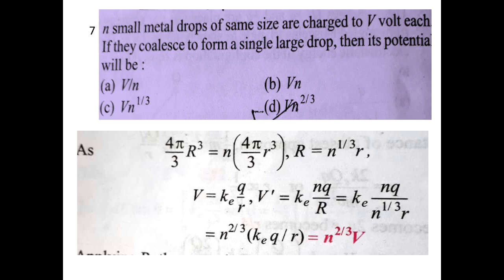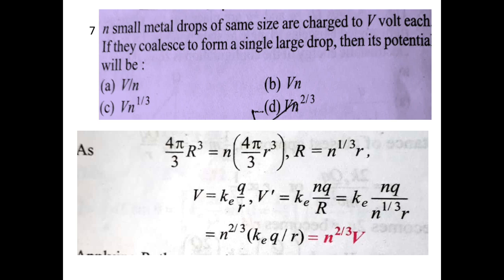So let us suppose that radius of bigger drop be capital R and radius of a small drop be small r. So equalizing the volume for the bigger drop and smaller drop, we find that 4/3 πR³ = n × 4/3 πr³. This gives a relationship between capital R and small r. So capital R = n^(1/3) × r.